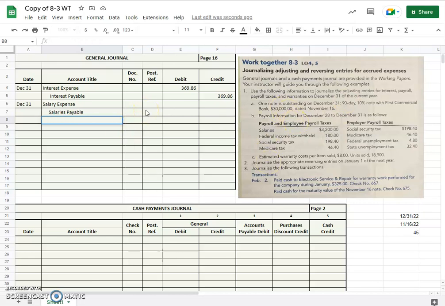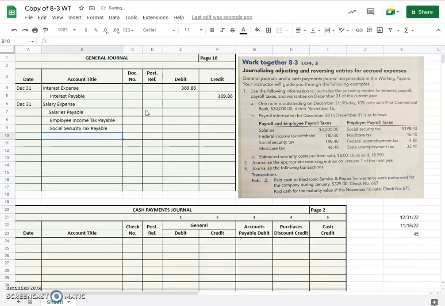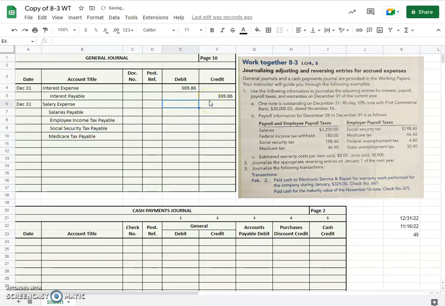So this is going to be employee income tax payable. And we have Social Security tax, which we've got to pay at some point, so Social Security tax payable. And we have Medicare tax, so Medicare tax payable.